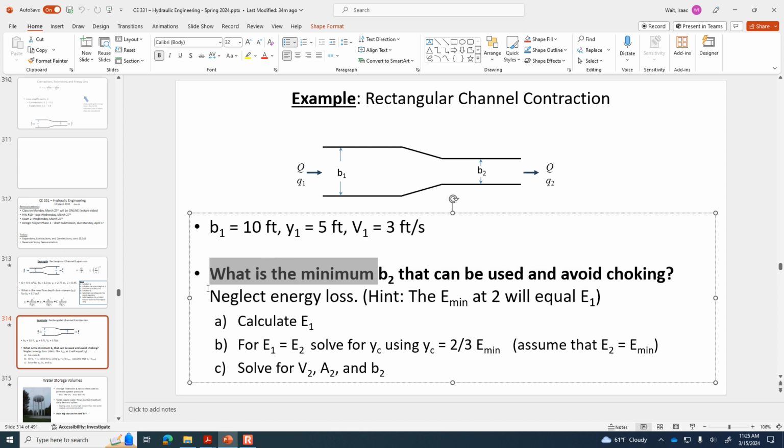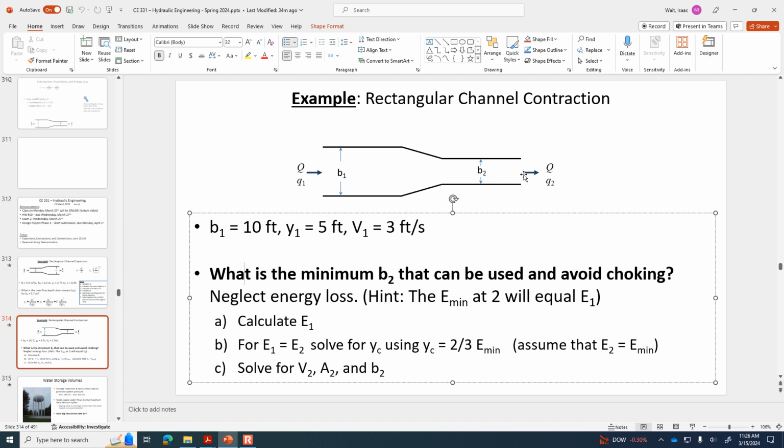So in this example, we're going to neglect any kind of a contraction coefficient. We wouldn't necessarily have to, but just for purposes of illustration, it makes it a little bit more straightforward in probing at the minimum width, if that's the main thing we want to look at in this example.